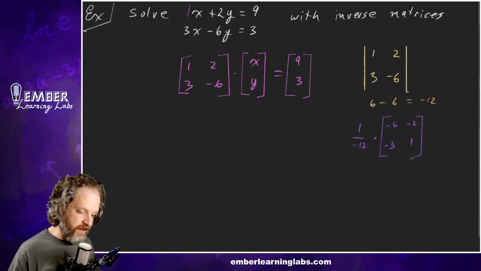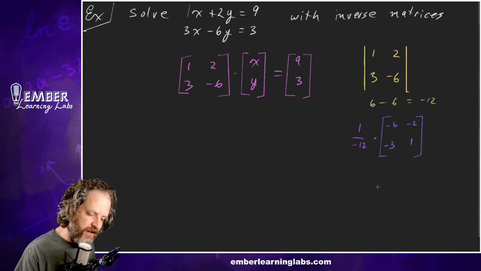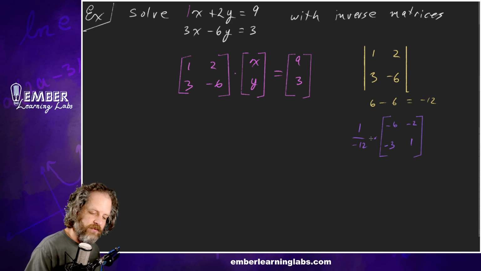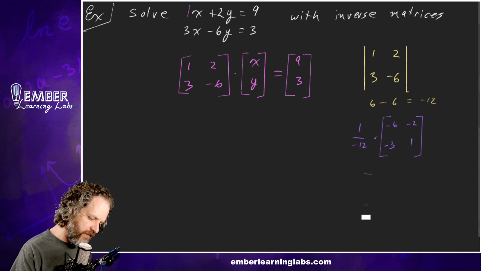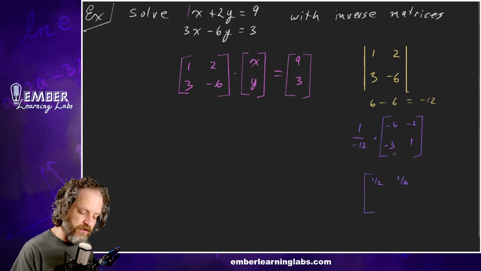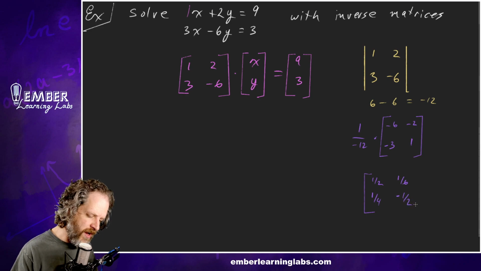And then we distribute all of this. -1/12 times -6 is positive 1/2. -1/12 times -2 is positive 1/6. -1/12 times -3 is positive 1/4. And that, of course, is just -1/12.